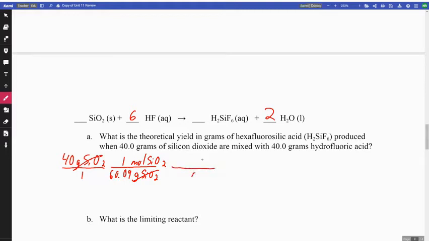Next, moles of SiO2 on bottom. We are looking for the theoretical yield of hexafluorosilicic acid, which is H2SiF6. That is what we are converting to. So moles of H2SiF6. We have moles on top, moles on bottom.